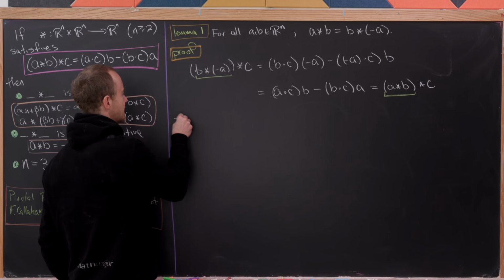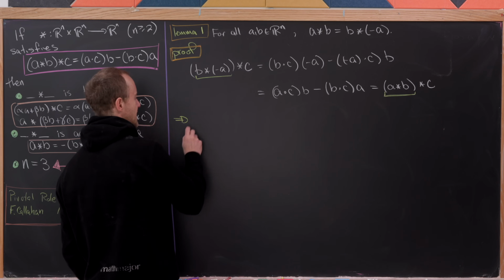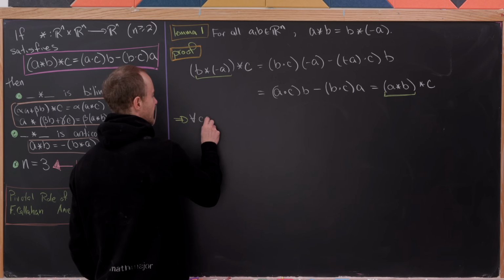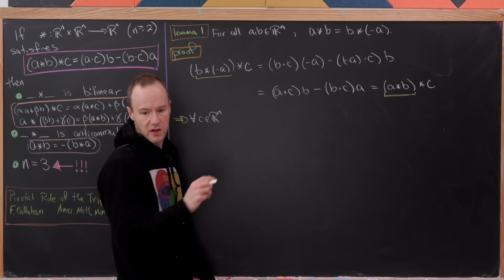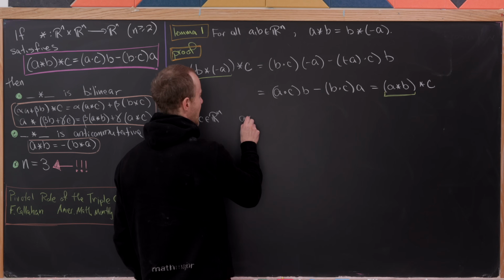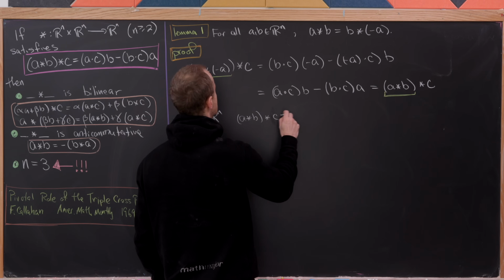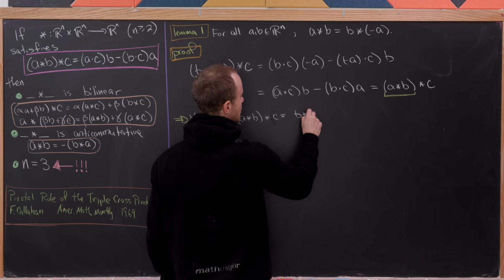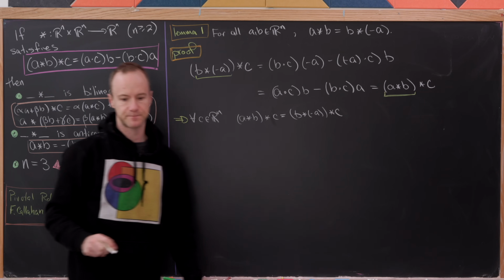But what it does say is that this holds for all vectors C. So let's write that down here. So for all vectors C in Rn, we have, let's write it like this, A star B star C is equal to B star minus A star C.